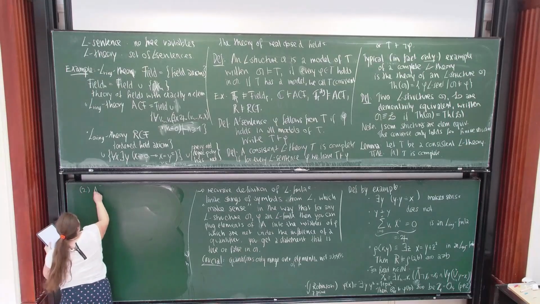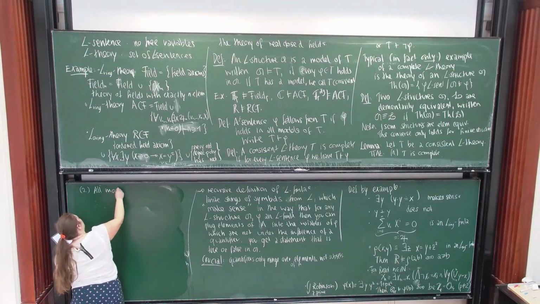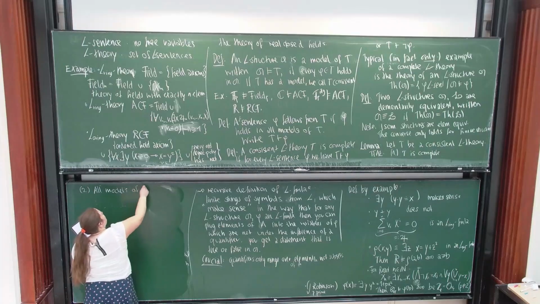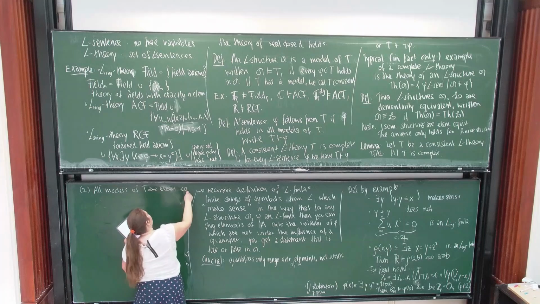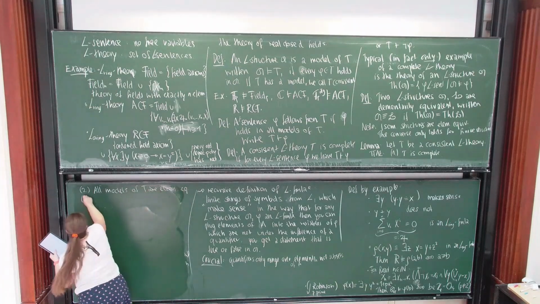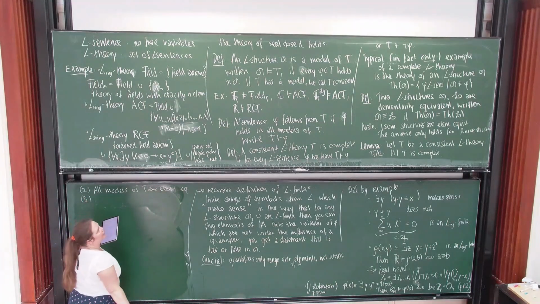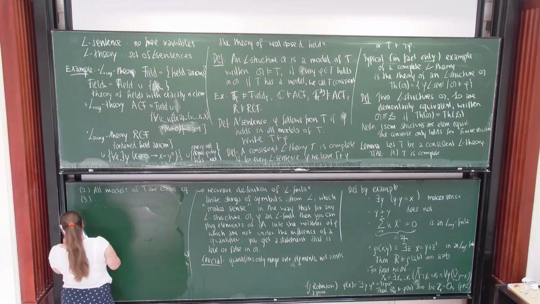Secondly, all models of T are elementarily equivalent. And thirdly, T is the theory of an L structure. So that's the spoiler of the example.